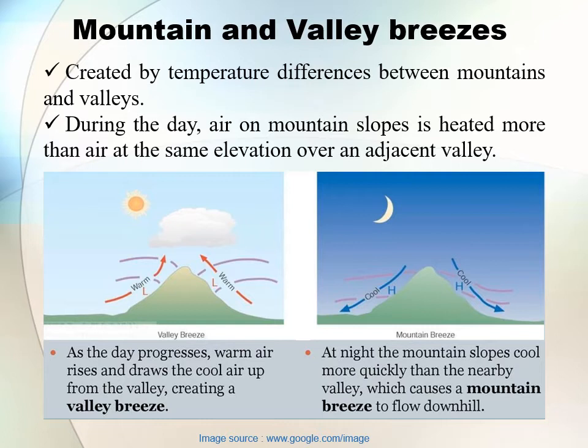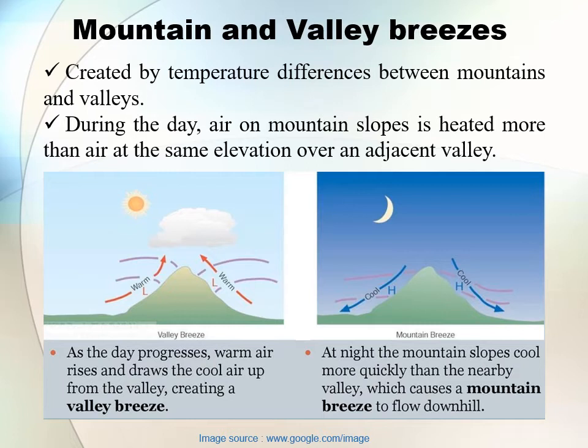So the wind over the mountain wall becomes warm and rises up. That wind is now replaced by the wind coming from the valley. So this creates a movement of wind from the valley towards the mountain walls, that is towards the mountain top. This wind is known as valley breeze.